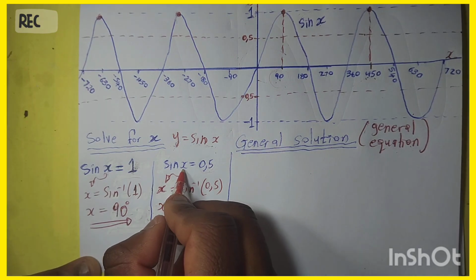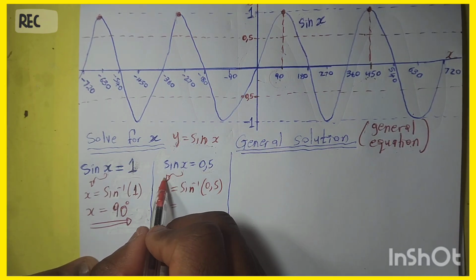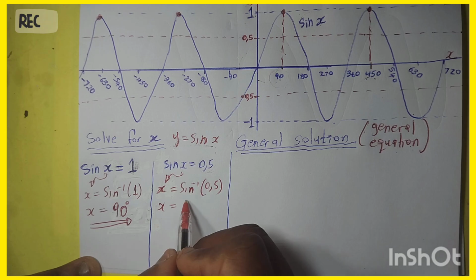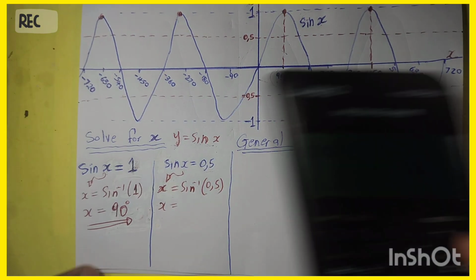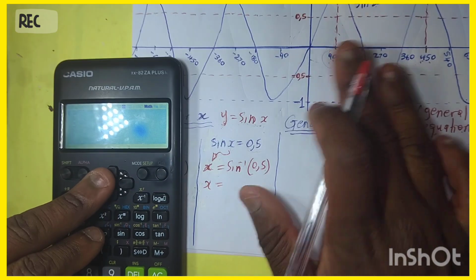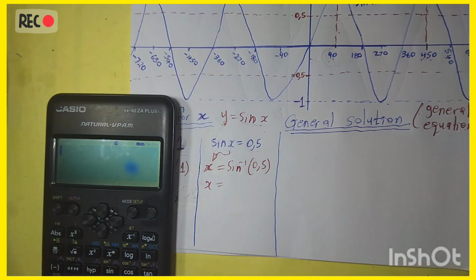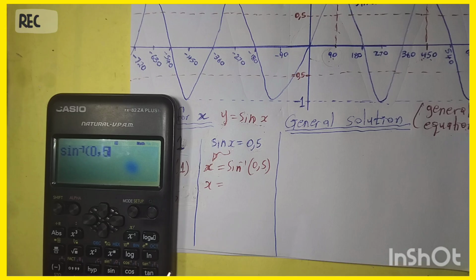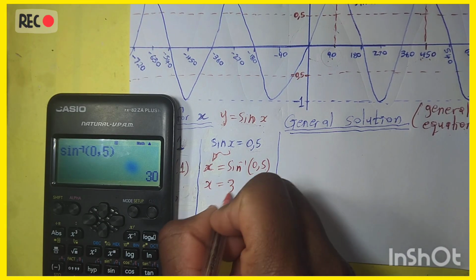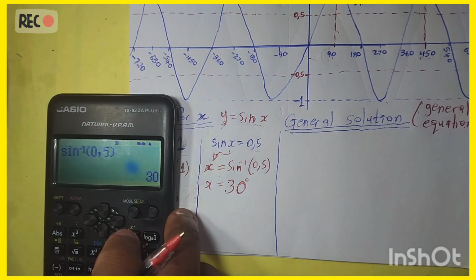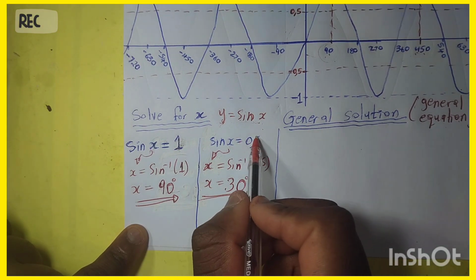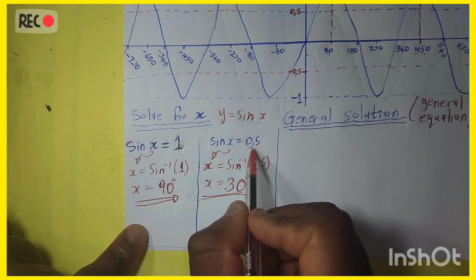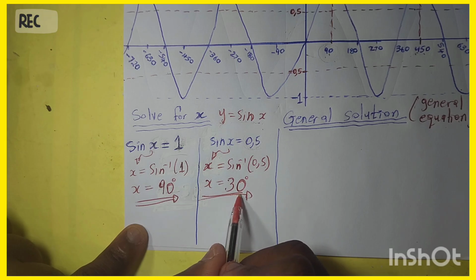This x represents the angle. I drop the angle, then I apply the rule, which is sine arc 0.5. So let me press this: shift sine arc 0.5, and I get 30 degrees. So when the y value is equal to 0.5, I get 30 degrees.